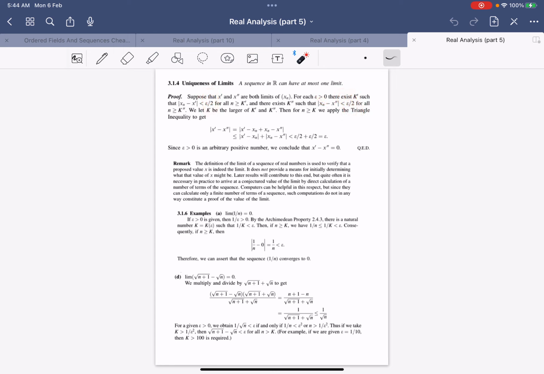And so you can apply the triangle inequality to x prime minus x double prime, and you realize that x prime minus x double prime is always less than or equal to epsilon. And since epsilon is a general positive number, we can conclude that x prime minus x double prime equals 0, and we're done. So we've proven the uniqueness of the limit.